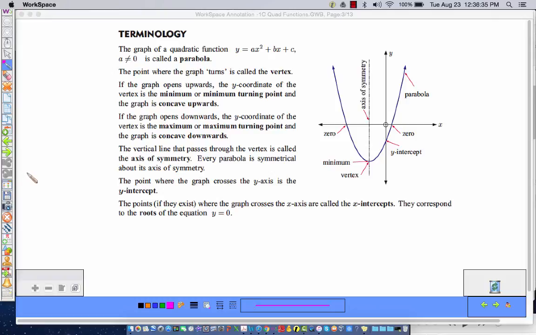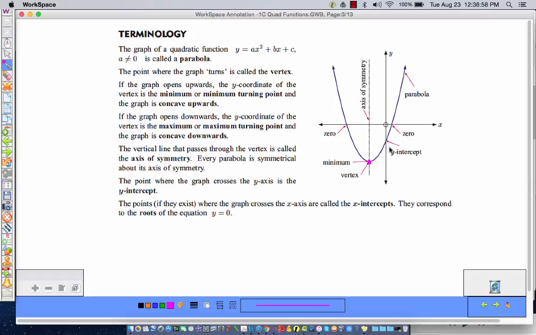Just some terminology in case you've forgotten it. The actual graph is the parabola. A parabola has an axis of symmetry that cuts it exactly in half. It's symmetrical on either side of the axis of symmetry, and the axis of symmetry acts as a mirror. The minimum in this case, with the parabola opening upwards, is the vertex.